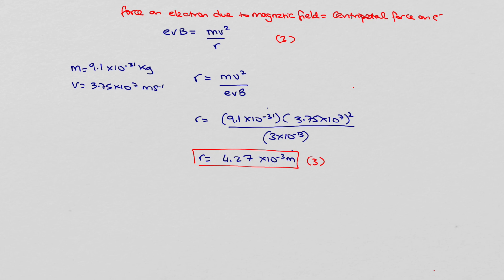So the last part of the question says, well, what happens to the energy of the electron when it hits the screen of the cathode ray tube? So basically what we have is the kinetic energy of the electron is converted into light energy, because we see the screen fluorescing.